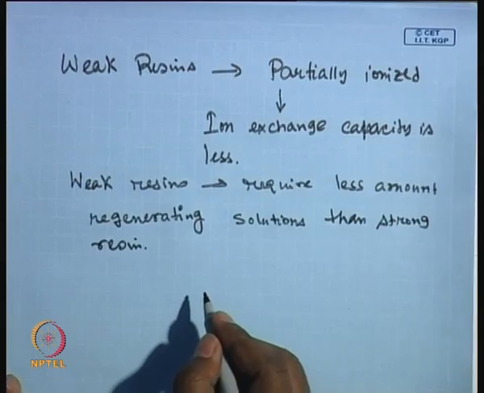In case of strong resins, the ions fixed on the solid phase are difficult to move out, so you require a huge amount of regenerant. On the other hand, in case of weak resins, you will require less amount of regenerant for obvious reasons.